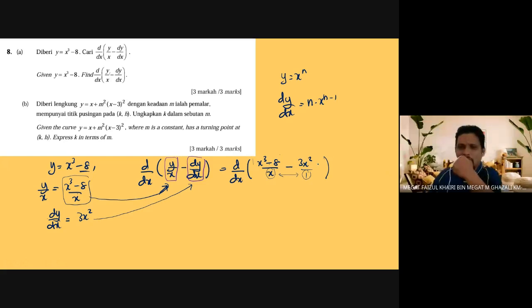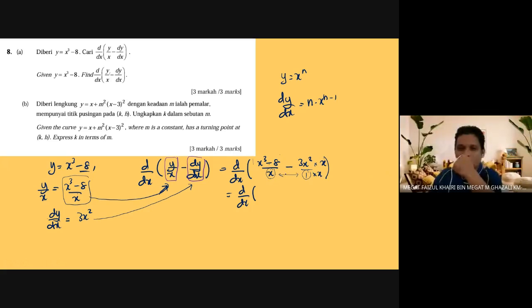Can we just simply multiply by x here? If I multiply one denominator by x, then on the numerator, 3x squared, we also multiply by x.